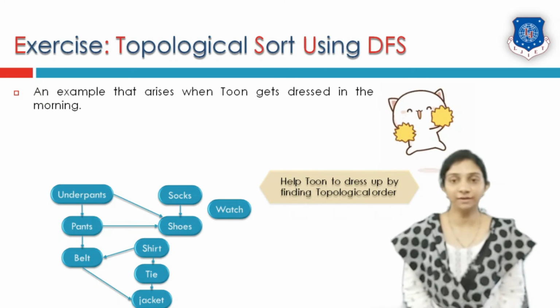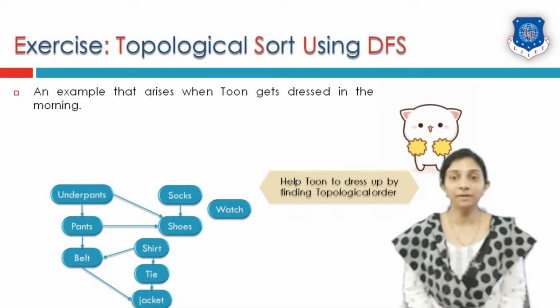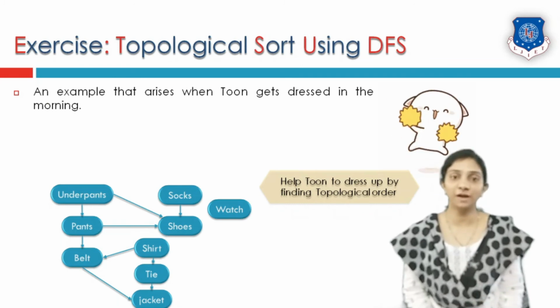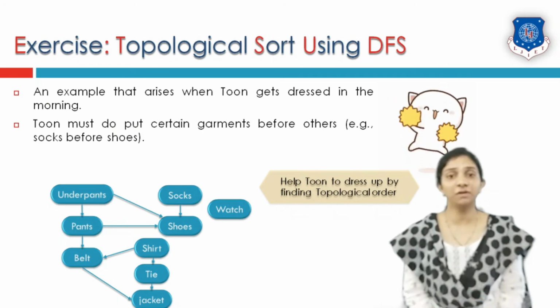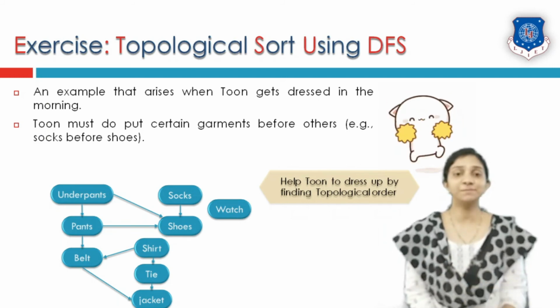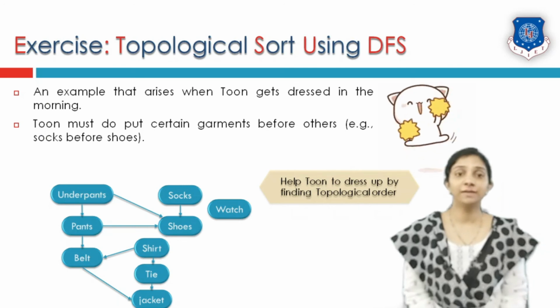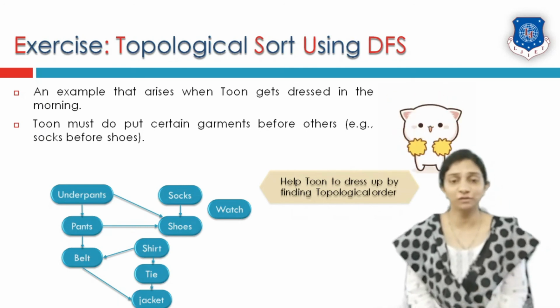Now have a look at here. This is Toon, and when he gets up in the morning, he wants to dress up for some program. The graph shows the garments which Toon has to put on, and there are some dependencies among these garments. That means shoes cannot be put on unless we have socks under them.